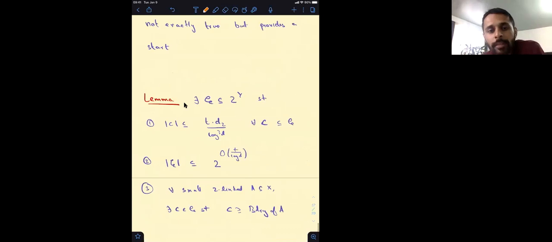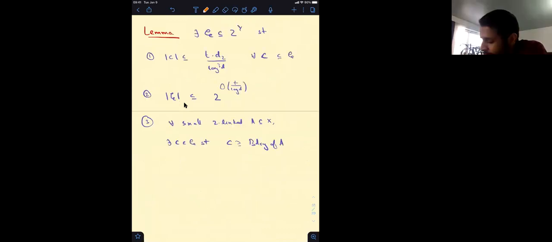There is a family of subsets of Y such that every element in it is small, the size of the family itself is small, and for every small two-linked A, its boundary is captured by some element of this family. So this is the main thing. I thought if I reached here I'd talk a bit more about details, but I don't think I should. So this is the end.